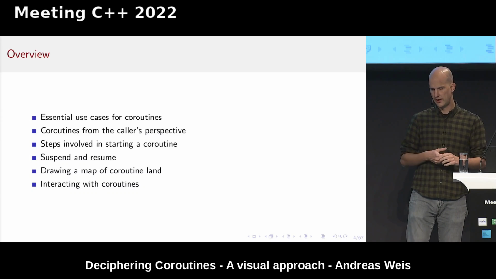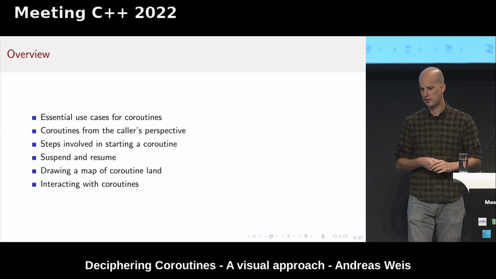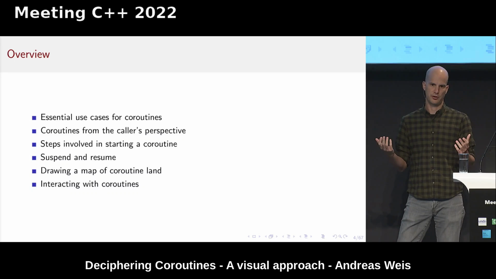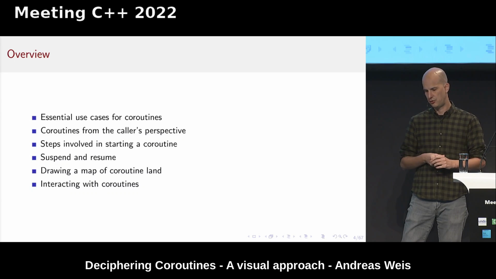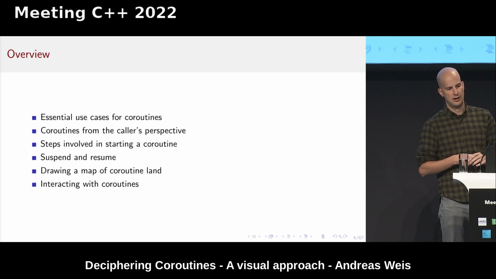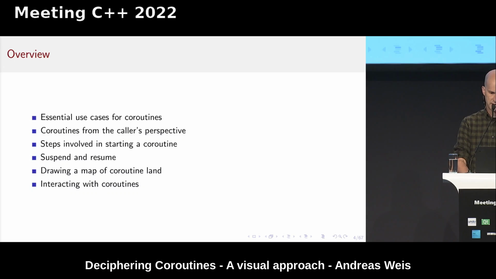We're going to then look at suspend and resume, which is the core feature of coroutines. And then we're going to try to draw a map of coroutine land that will help us to navigate all of the complexities of the features and thereby get an idea for how we can interact with coroutines in our code.